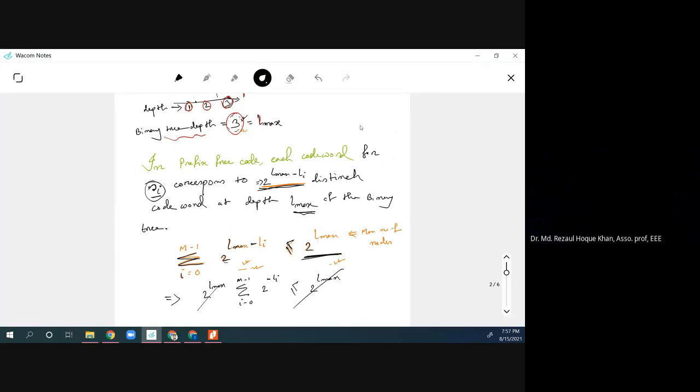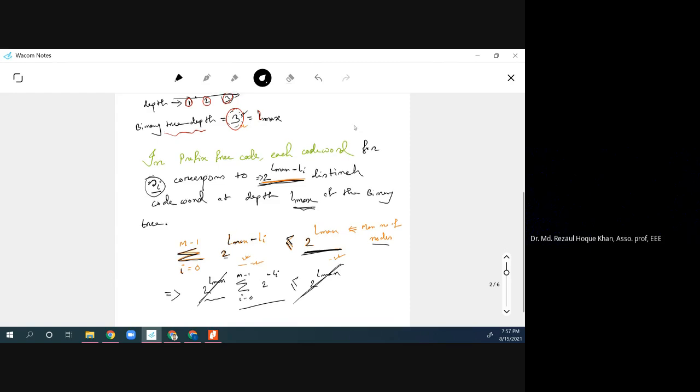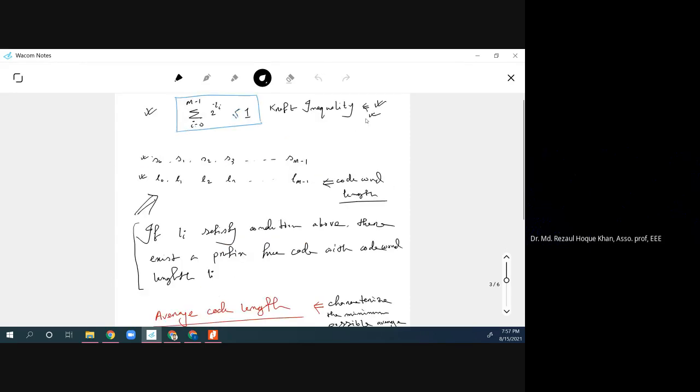L max gives the maximum number of nodes in the binary tree. So if we divide by 2 to the power L max, we get the equation: the sum over i from 0 to m minus 1 of 2 to the power minus Li is less than or equal to 1.